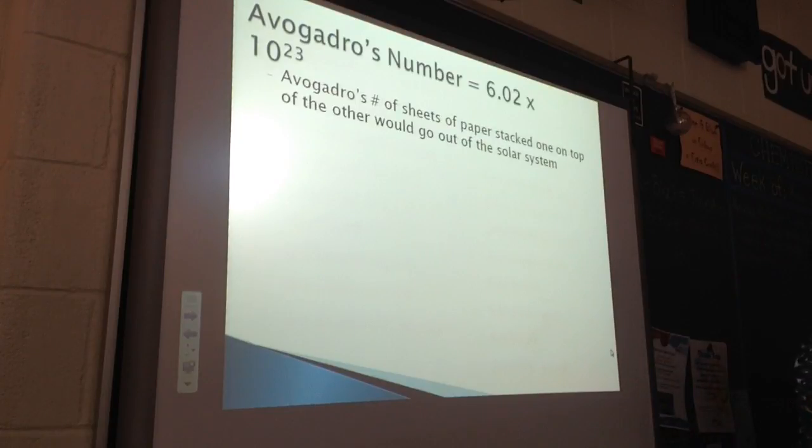If you had Avogadro's number of sheets of paper, that means you have 6.02 times 10 to the 23rd sheets of paper, a mole of sheets of paper, and you stack them one on top of the other. The stack of paper would go out of the solar system, as in the Milky Way. What? Crazy.